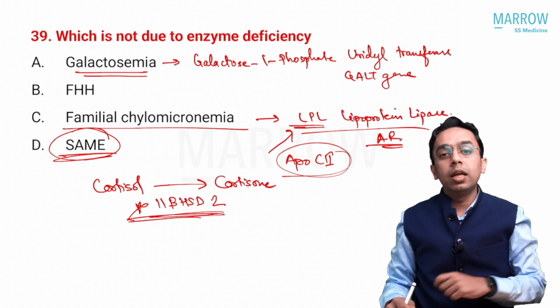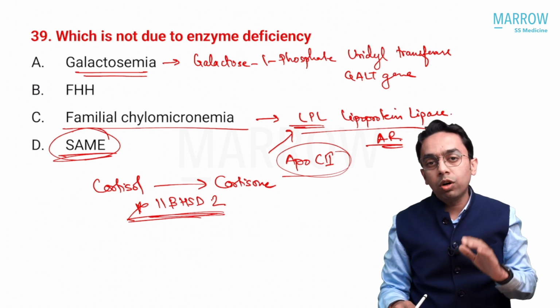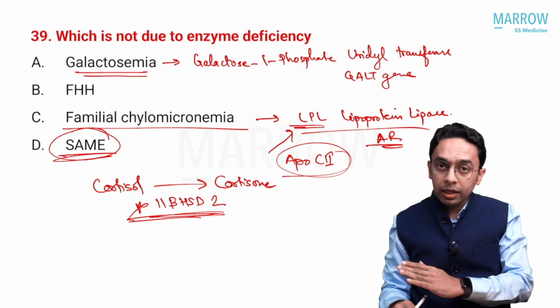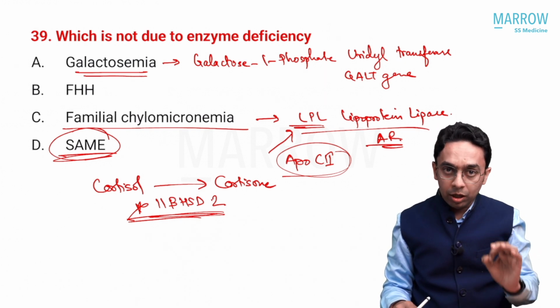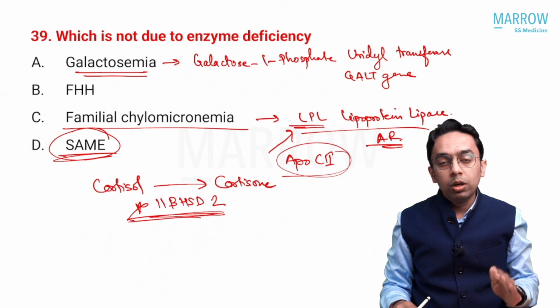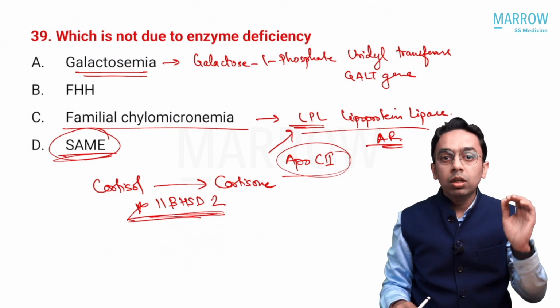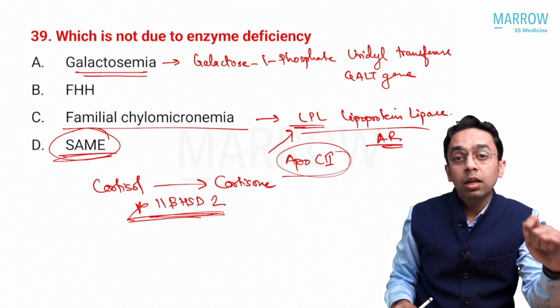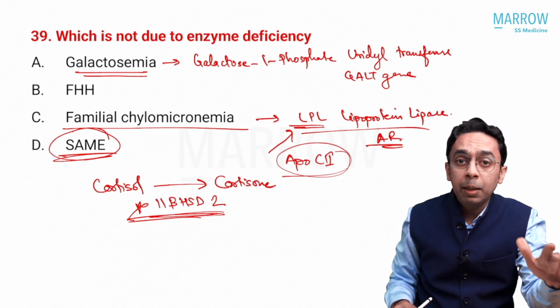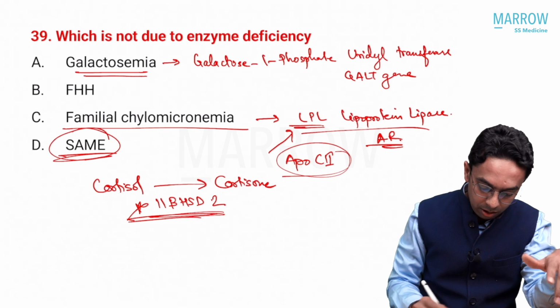And when there is a defect in this gene, what will happen is that cortisol will not be inactivated, cortisol would be high and will act on mineralocorticoid receptors. So it will act like aldosterone. Here we'll have low aldosterone, low renin, hypokalemic hypertension, right? You understand the basics.